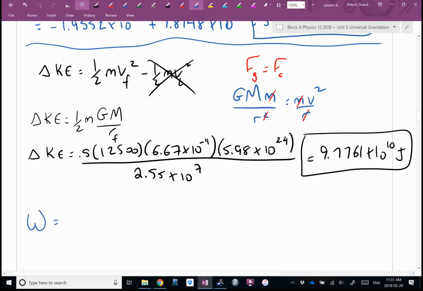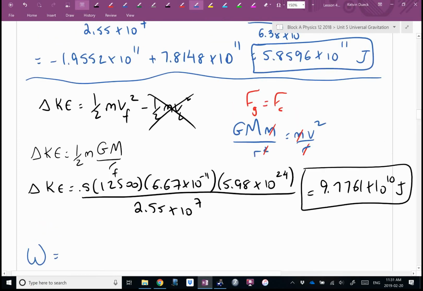Which was going to be change in potential, 5.8596 times 10 to the 11th, plus change in kinetic, although I'm going to use my answer button for that one.